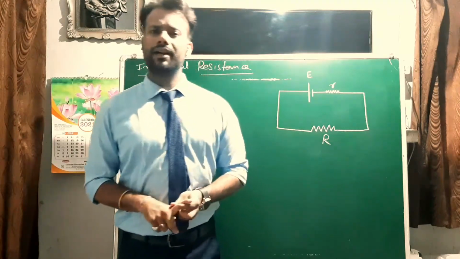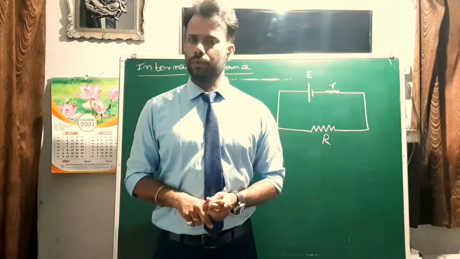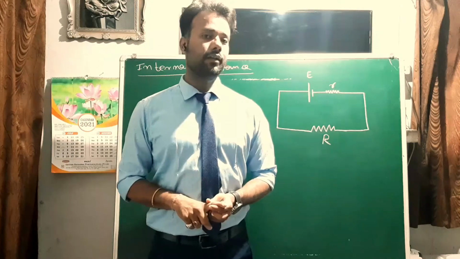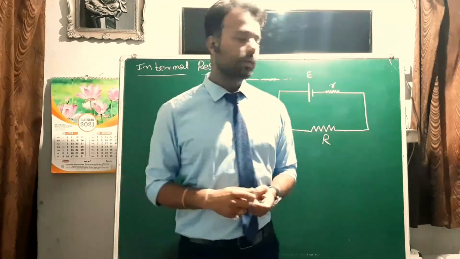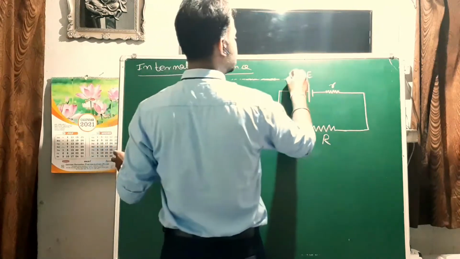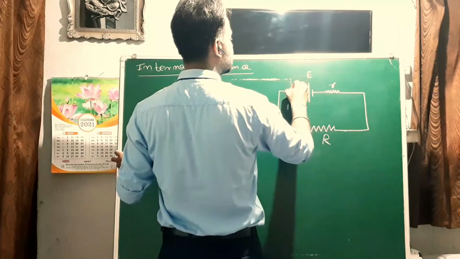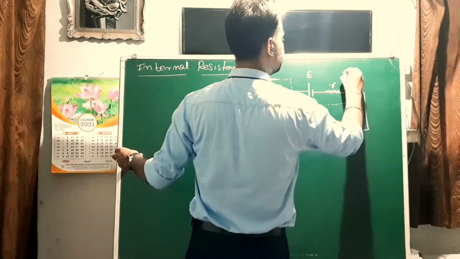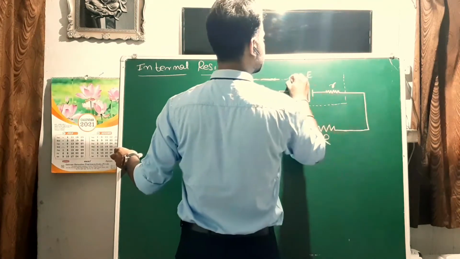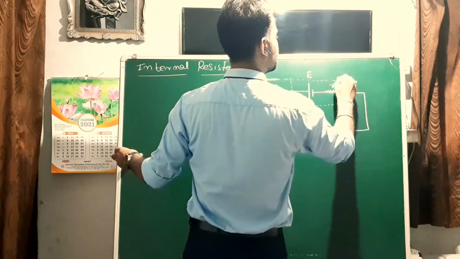We can't make a cell having internal resistance 0, right? There must be internal resistance, because obviously electrolyte always obstructs the path of the charge. So this complete thing is a cell. This is your cell.